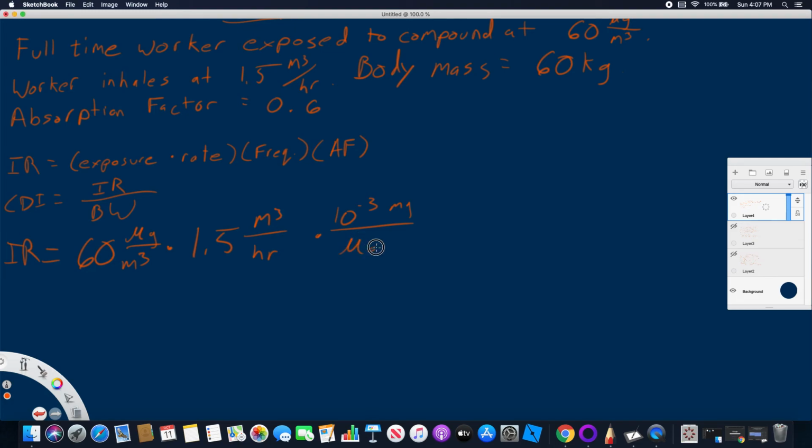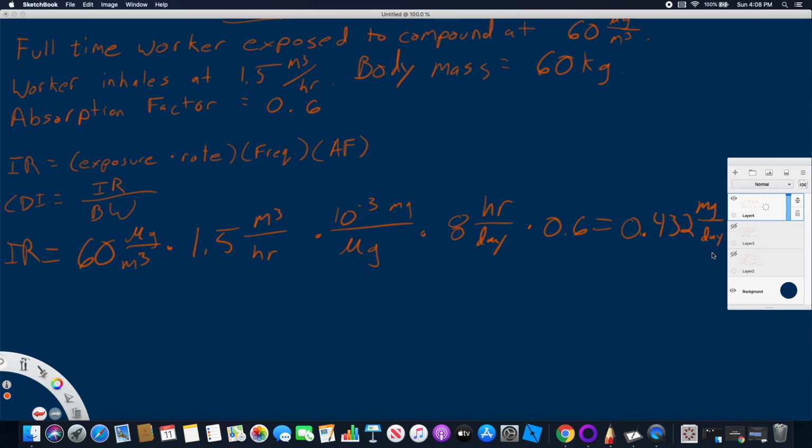Then we're just going to do a conversion, and since we're looking at our intake rate per hour, it's going to affect our exposure frequency, because we're only breathing it during the 8-hour workday in this case. And that gives us 0.432 milligrams per day actually absorbed into our body.